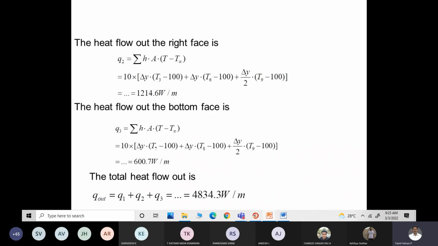So if you balance this, then you will be able to get that your assumption is correct. If qn is equal to q out, or qn plus q out is equal to 0, then only you can understand that the problem which you have solved is correct. Is it fine? Yes, sir.